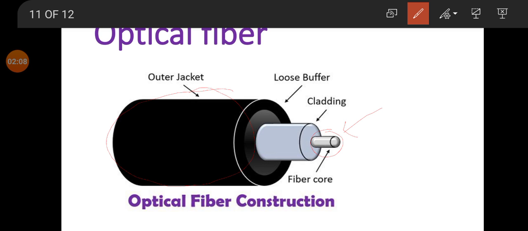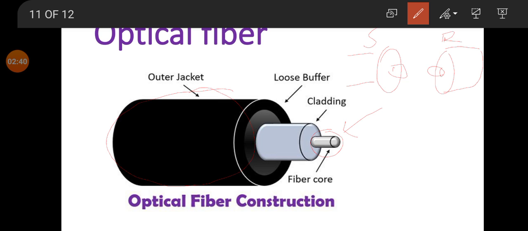To better understand, concentrate on the screen. Consider this is the optical fiber at the sender side, and consider this is the optical fiber at the receiver side. Clear? So this is the sender and this is the receiver. Now the sender will send the LED signals.